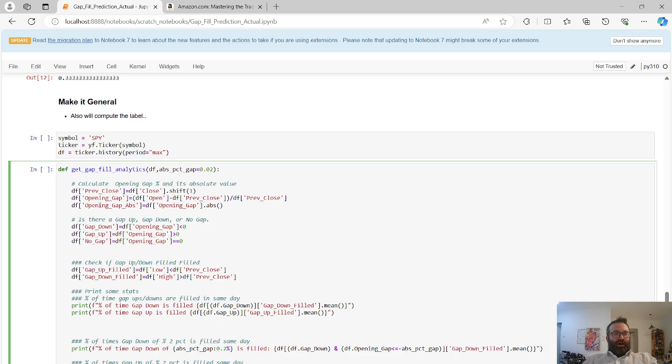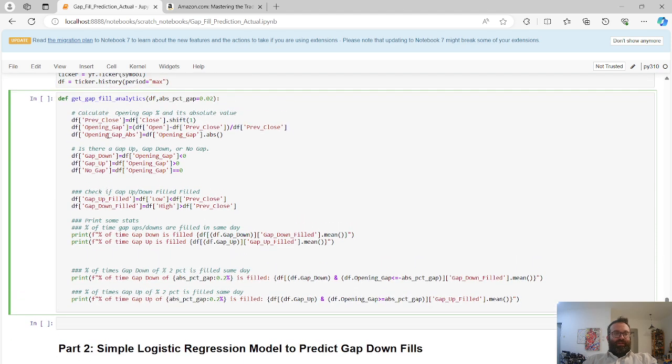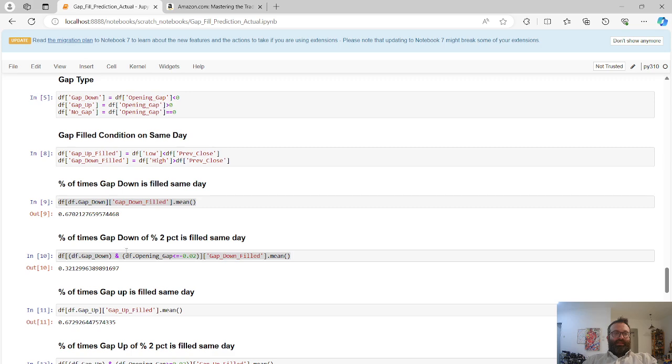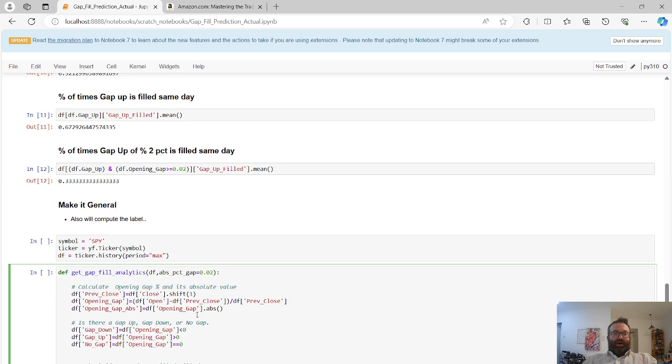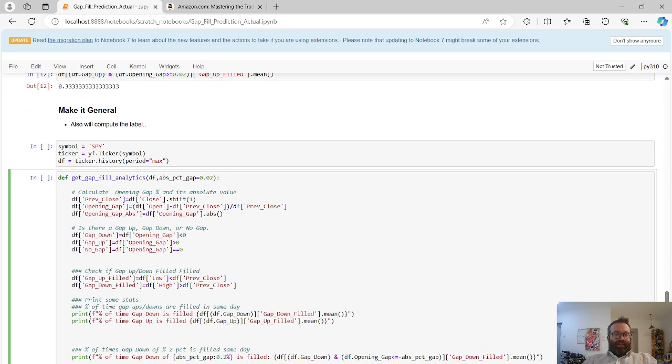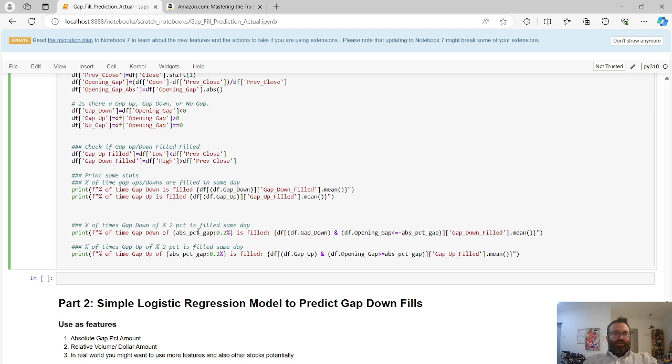I'll call it, I already pre-did this, of course, get gap fill analytics, where you give it the data frame and you give it an absolute percentage gap, like 2%. And then it'll calculate these stats, like the percentage of the times the gap is filled the same day, the percentage of the time a gap of over that percent gap is filled, that sort of thing. So this is what this thing will do.